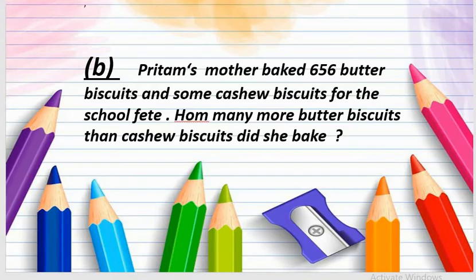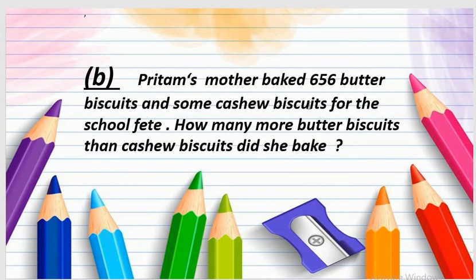Now let's do question number B. So what is question number B, all students? Question number B is: Pritam's mother baked 656 butter biscuits.